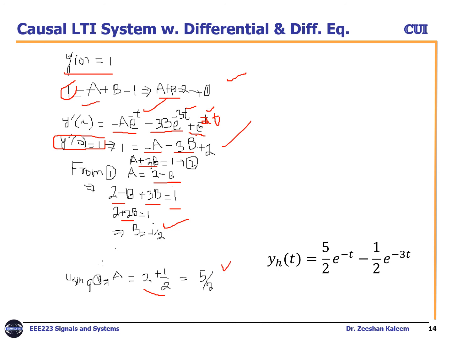So we have a final solution. We have the final homogeneous solution in this way: y_h(t) equals 5 by 2 e^(-t) minus 1 by 2 e^(-3t), because now a and b are both known. This is a and this is b.